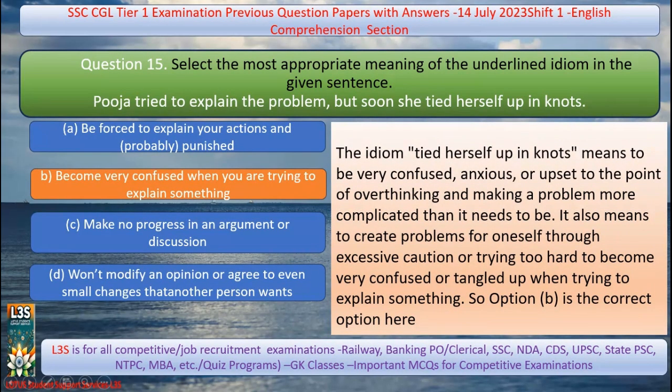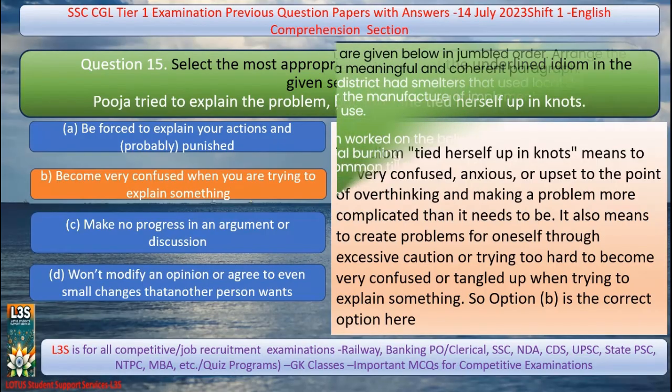The idiom tied herself up in knots means to be very confused, anxious, or upset to the point of overthinking and making a problem more complicated than it needs to be. Also, it means to create problems for oneself through excessive caution or trying too hard, to become very confused or tangled up when trying to explain something. So option B is the correct option here.